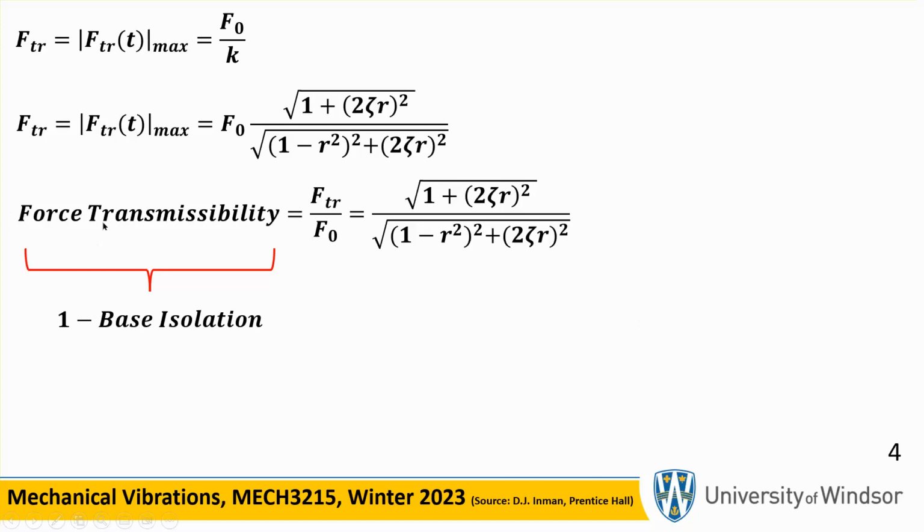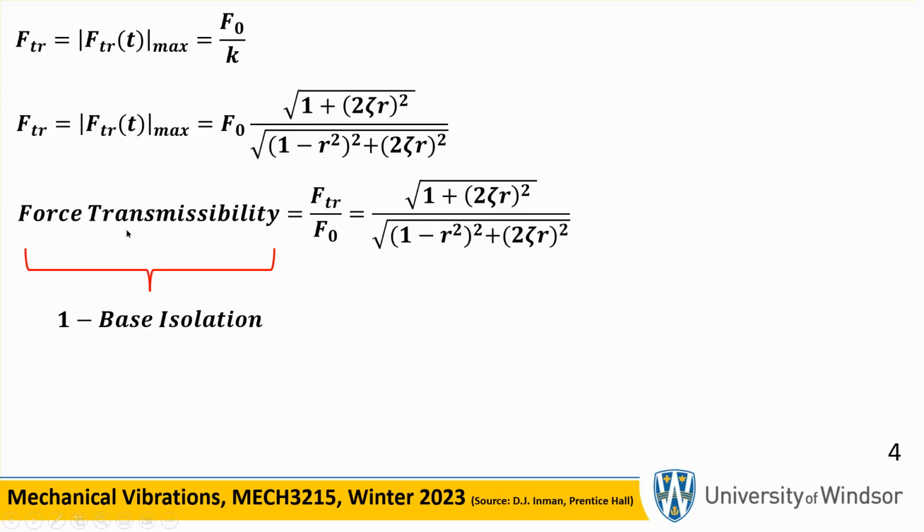Now, force transmissibility is also referred to as 1 minus base isolation. Okay? So hypothetically, if you tell me that the force transmissibility is 0.6, then the base isolation is 0.4.